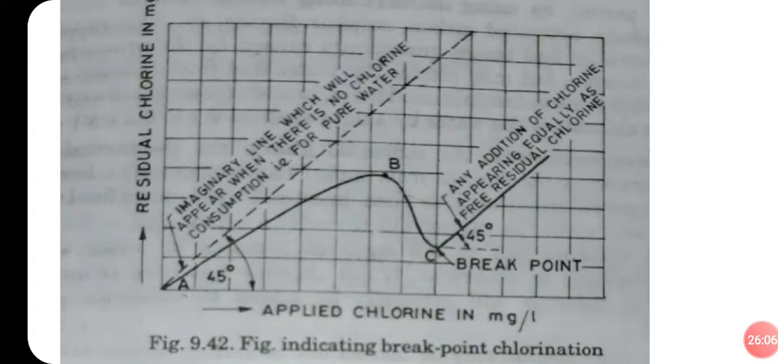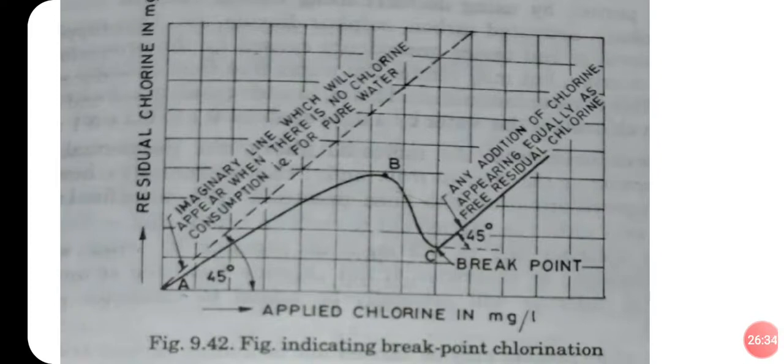Once the chlorine is added, from A to B, what is happening? Just see, breakpoint chlorination. When chlorine is added to the water, it first of all reacts with the ammonia present in the water so as to form chloramines.